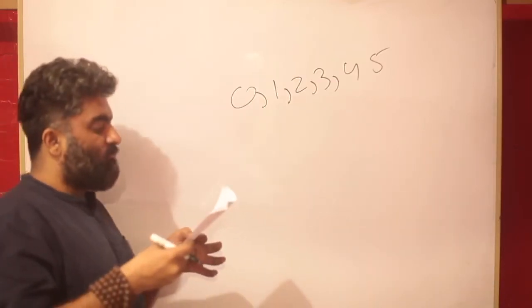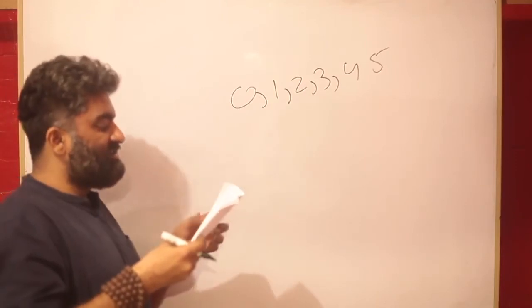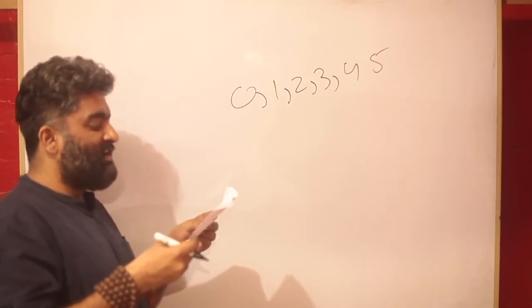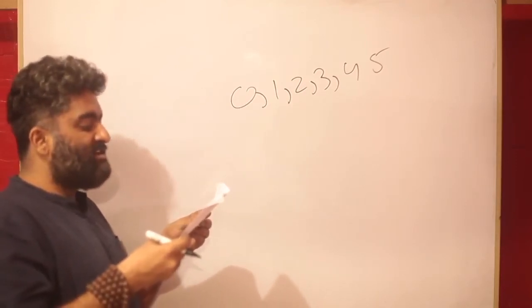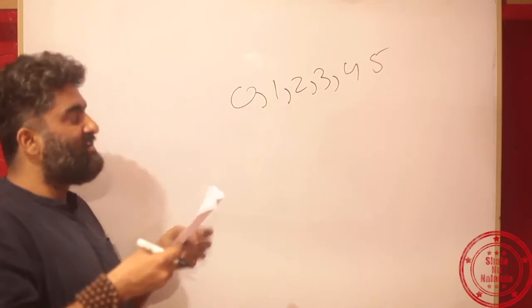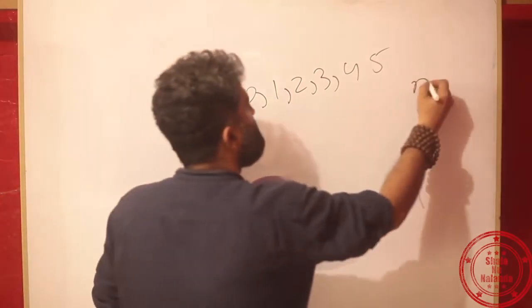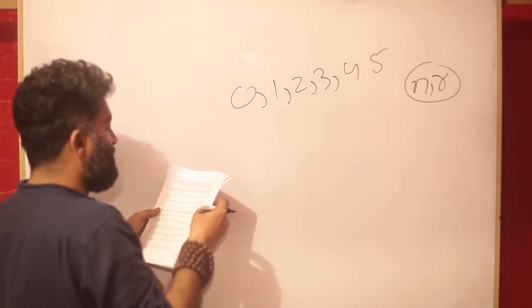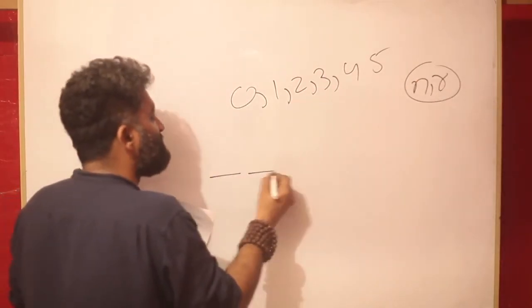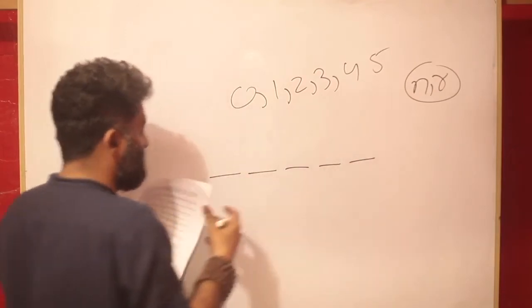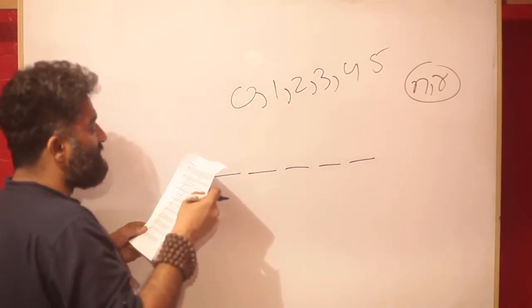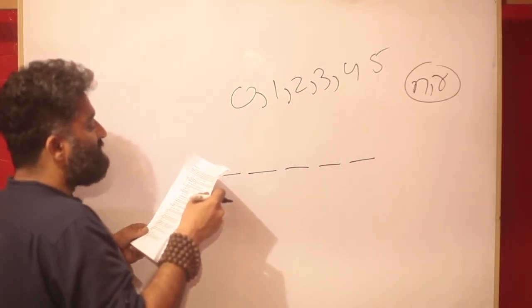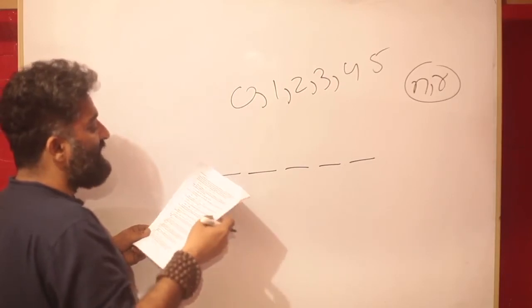Question number 4. Using the digits 0, 1, 2, 3, 4 and 5, how many 5-digit numbers having distinct digits? Distinct digit means you cannot repeat a number in your number, right? How many 5-digit numbers? So place 5 positions for yourself. How many 5-digit numbers can be formed which are divisible by 3, right?